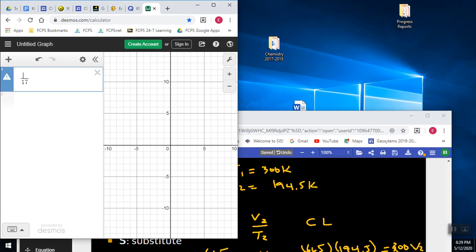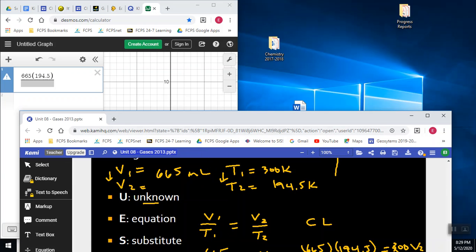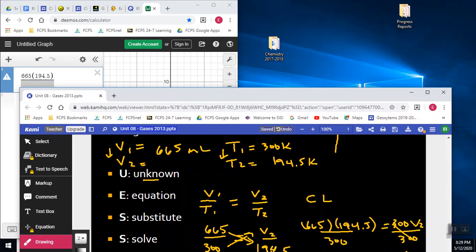So I'll put that in here. 665 times 194.5, and then it's divided by 300.